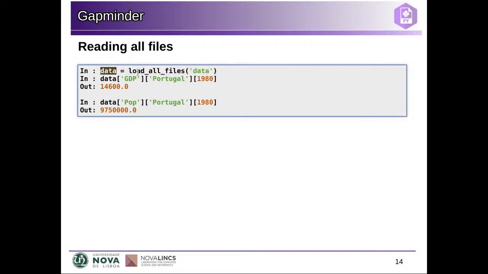So our data is the result of loading all the files in the data folder. And now we want to know GDP for Portugal in 1980. We just do it like this. So the GDP indicator, inside this dictionary, the country is Portugal, and inside Portugal, we give the year. So this way we can access the data from all the indicators that we have in different Excel files.